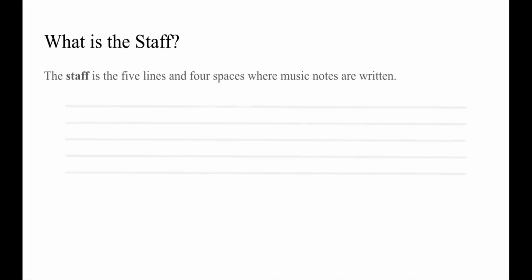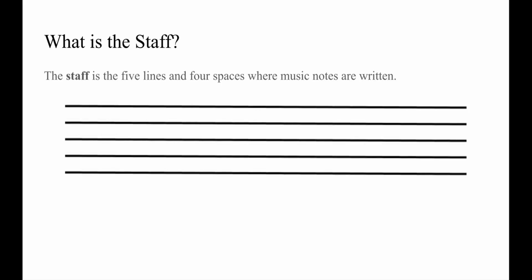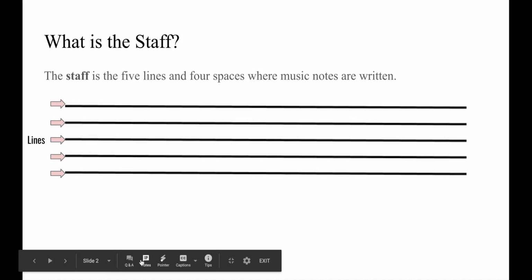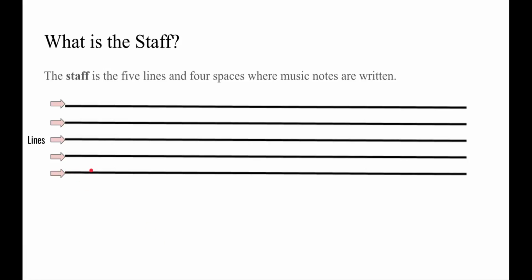And here I have a picture of the staff. And I've labeled the lines with some arrows. So the lines are pretty self-explanatory. Literally, they're thick black lines like this. We call those lines. The spaces are actually the area in between the lines.